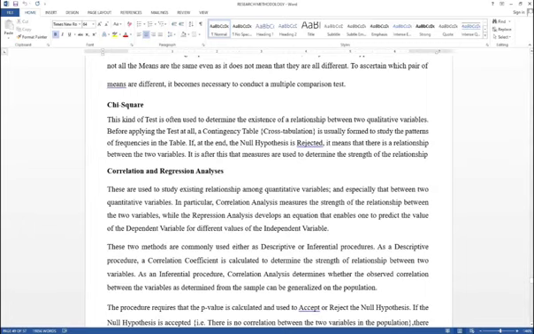In particular, correlation analysis measures the strength of the relationship between the two variables, while regression analysis develops an equation that enables one to predict the value of the dependent variable for different values of independent variables.